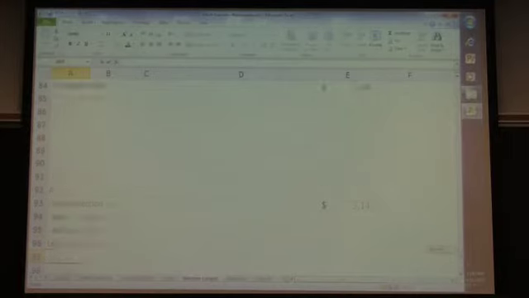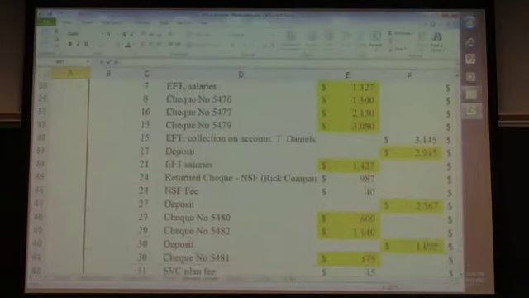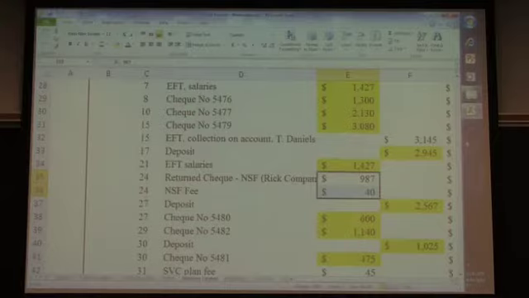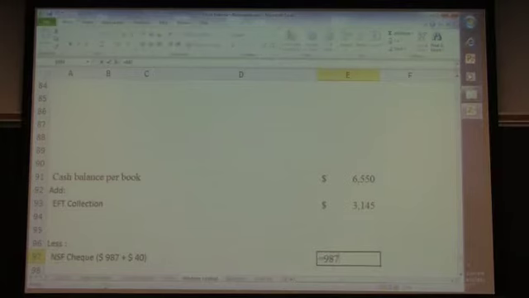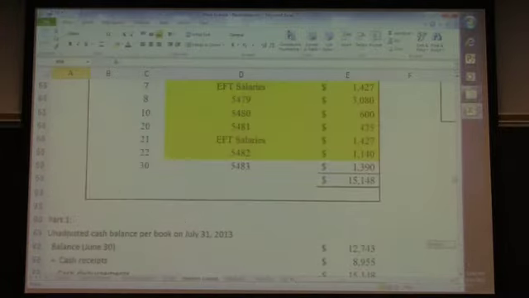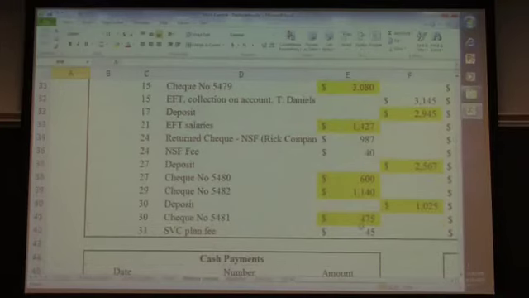We know we have recognized an NSF check here. So we have accounted for this. We need to account for these two NSF checks, and it's the combination of 987 plus 40 because you're going to recover that from the customer as well. Okay, and we also have a bank charge that we have to account for here for the $45.